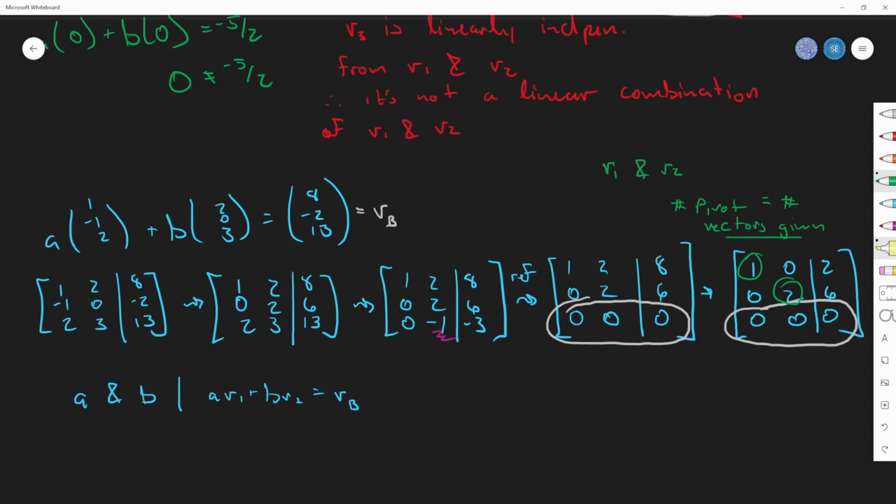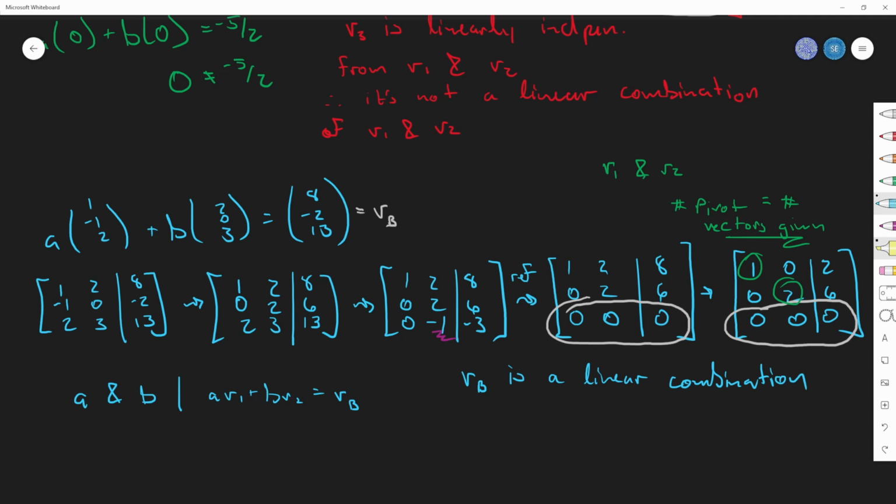So the number of pivots is equal to the number of vectors given. So that means that we can find a scalar, or two scalars for v1 and v2 to equal vb. So that means this v of b is a linear combination, since it's linearly dependent.